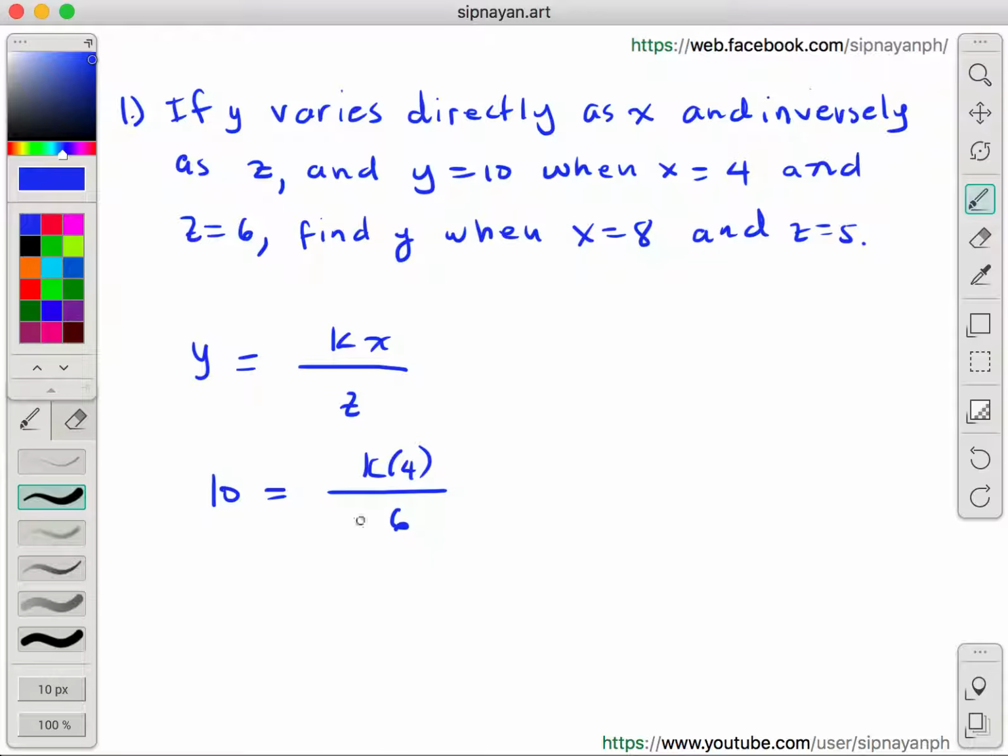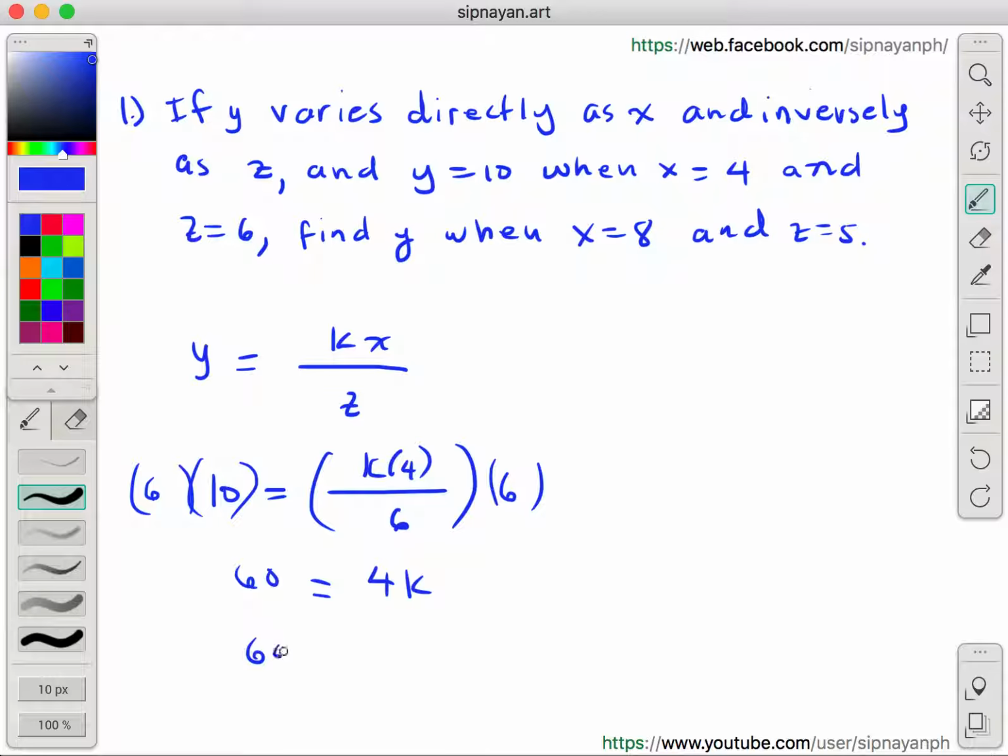And para matanggal natin yung division, we multiply both sides by 6. Of course, pwede tayo mag-cancel dito, but I think this is also okay. So, multiplying both sides by 6 para matanggal yung 6. Then we have 60 equals, matatanggal to, ang matitira is k times 4 or 4k. So, para k na lang yung matira, we can divide both sides by 4.